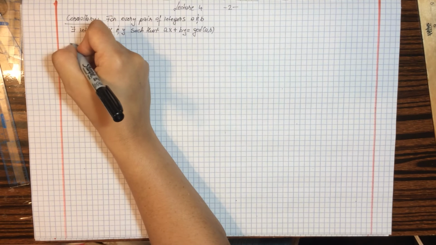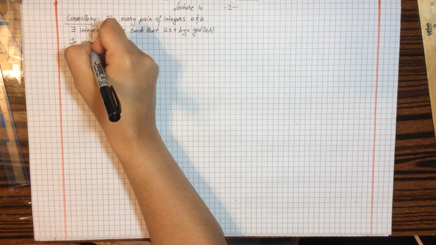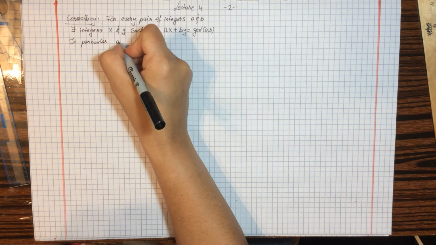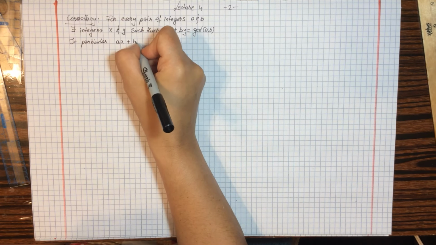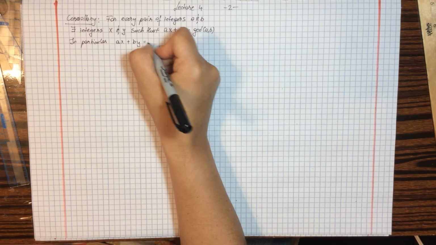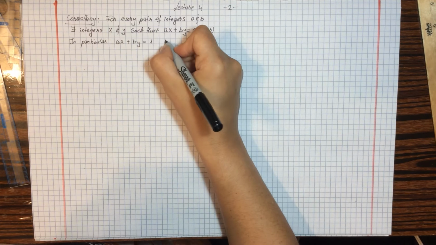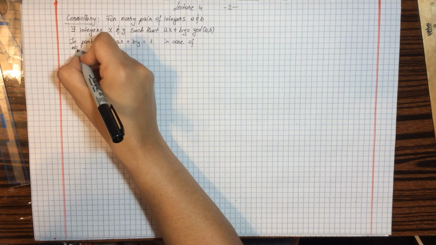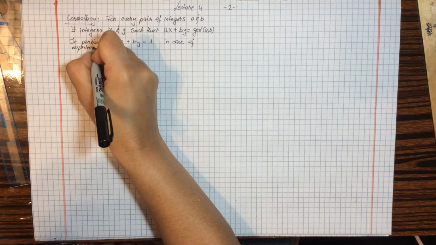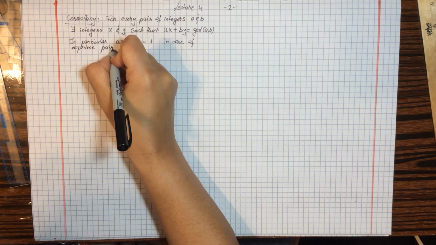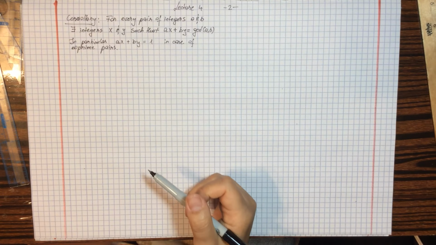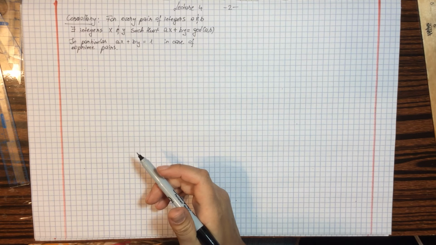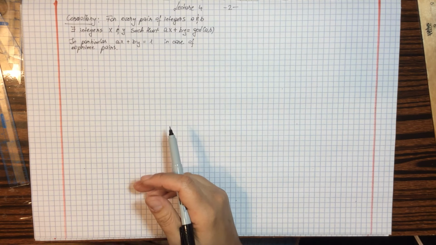In particular, as I mentioned before, ax plus by is equal to 1 in case of coprime pairs, because their GCD is 1. That's what you call coprime, as I mentioned before. Okay, so I will move on to the next proposition.